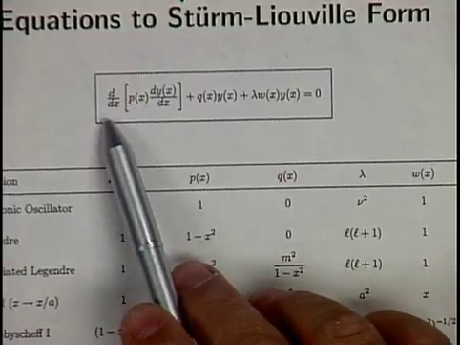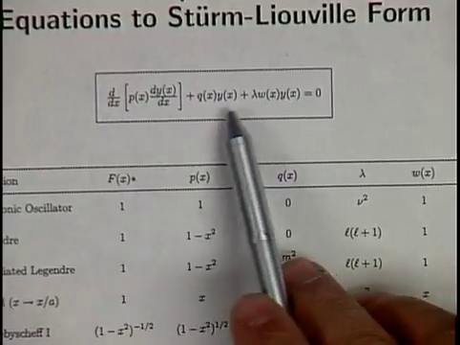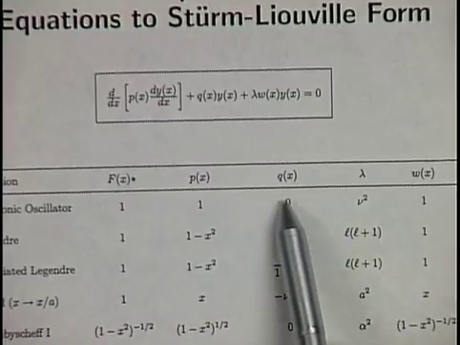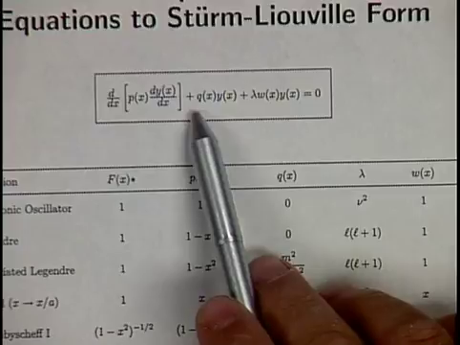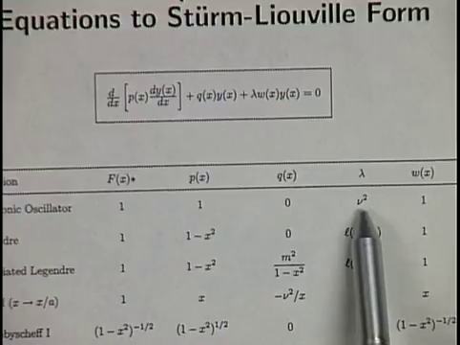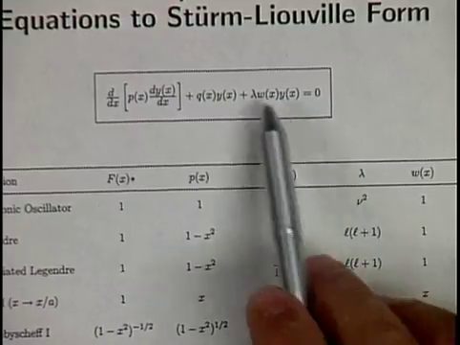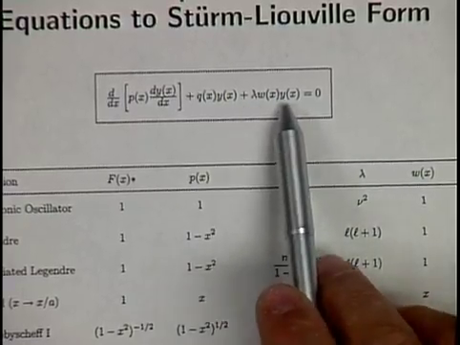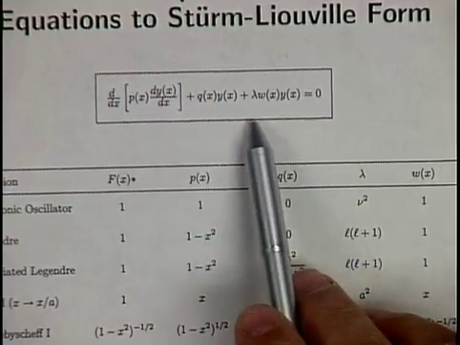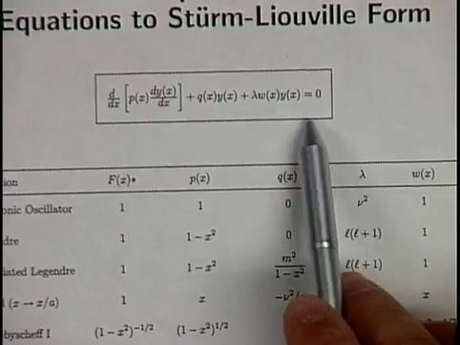So this will give you y double prime plus q of x, and q of x is equal to 0, so we do not have this term here. And lambda is equal to nu square, and omega is equal to 1. So this would be nu square multiplied by y. So you will end up with y double prime plus nu square y equal to 0, and this will give you what?